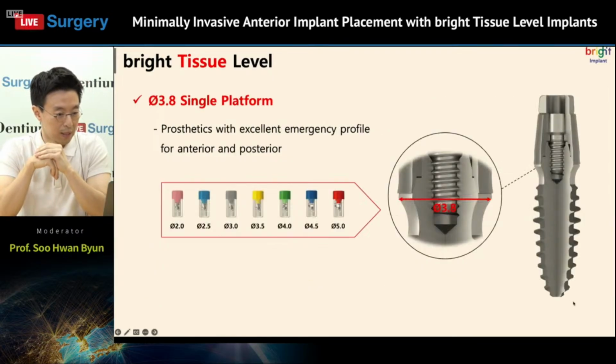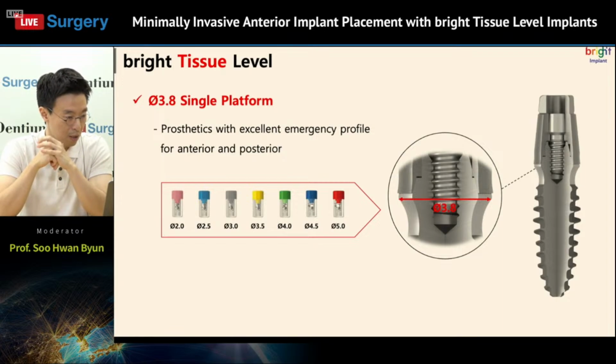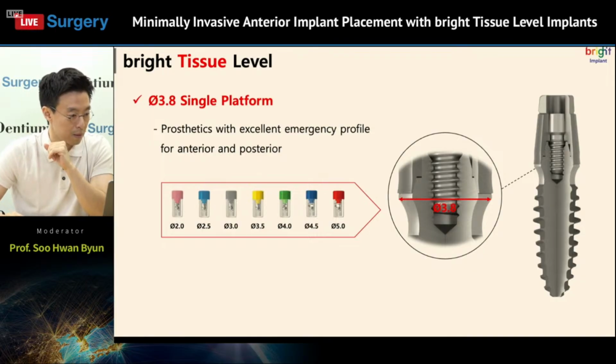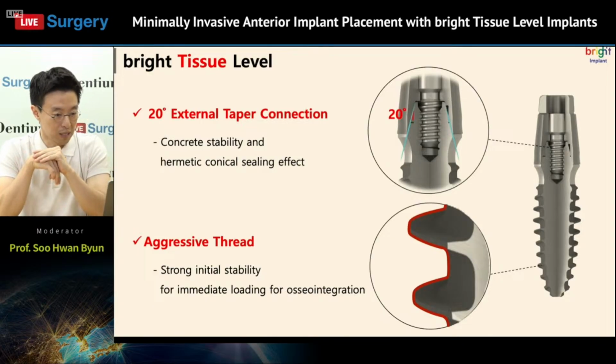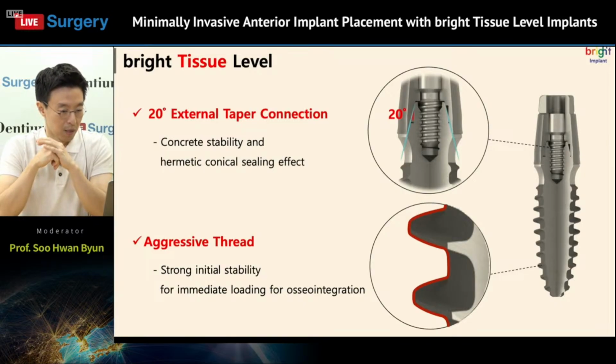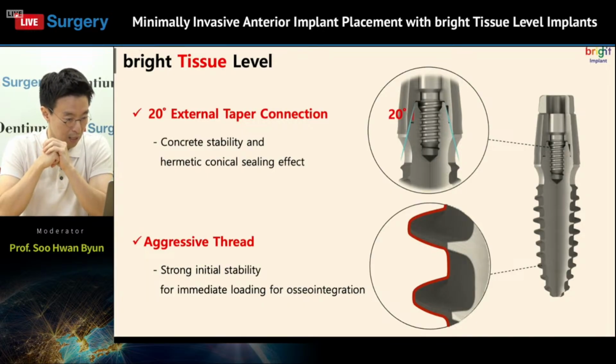The Bright Tissue Level has a 3.8 single platform. It provides an excellent emergence profile for anterior and posterior restoration. It also has a 20 degree external taper connection. It provides good stability and a hermetic conical sealing effect, as well as an aggressive thread design.